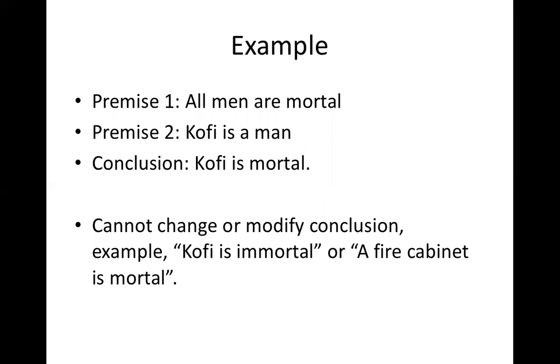It's about a particular man who is Kofi. But premise 1 is talking about a collection of items. It's about all men. So premise 1 is the one you can convert to a conditional, not premise 2.